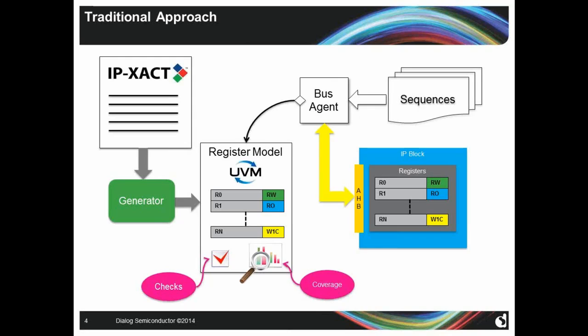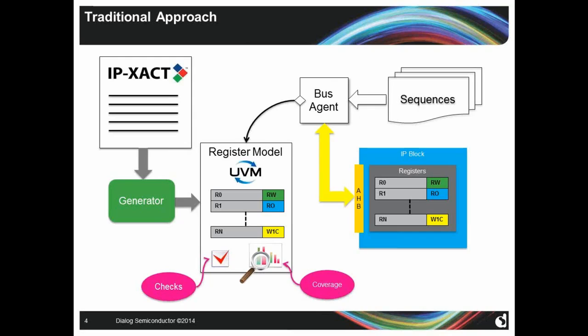Internally we use a spreadsheet description, but we export to IP-XACT, and then use one of the vendor-supplied generator tools. There are a number of those depending upon your CAD vendor. That would produce a UVM register model, which captures the location and the access policy, and you can add any special behavior onto the registers in the model with callbacks, for example.